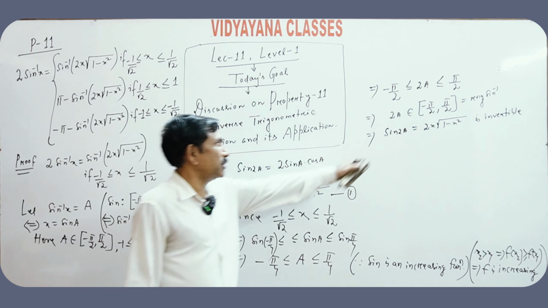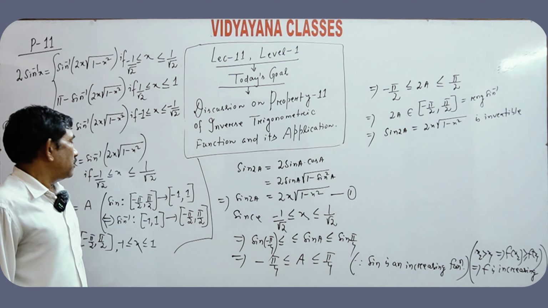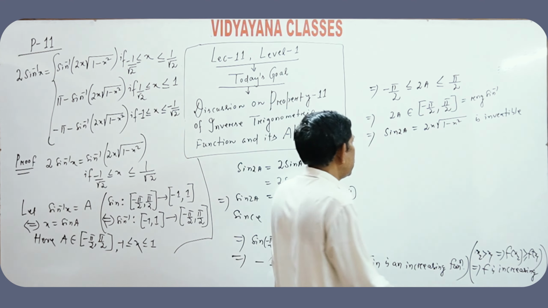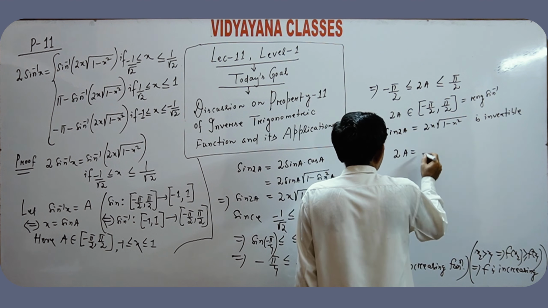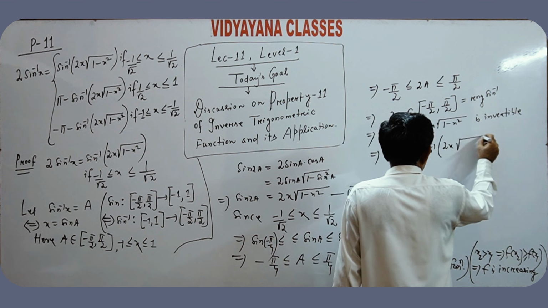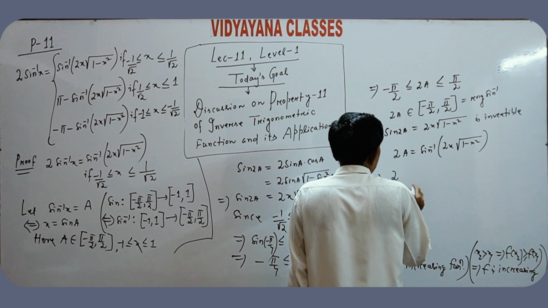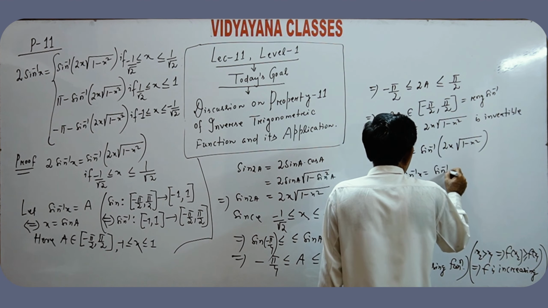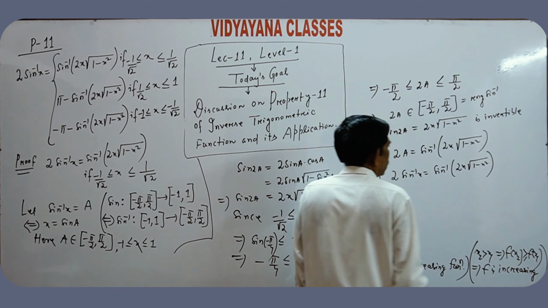Since 2a belongs to this set, the trigonometric function sine is invertible. Its inverse exists, which implies 2a is equal to sine inverse of 2x into root over of 1 minus x square. So 2 sine inverse x is equal to sine inverse of 2x into root over of 1 minus x square.